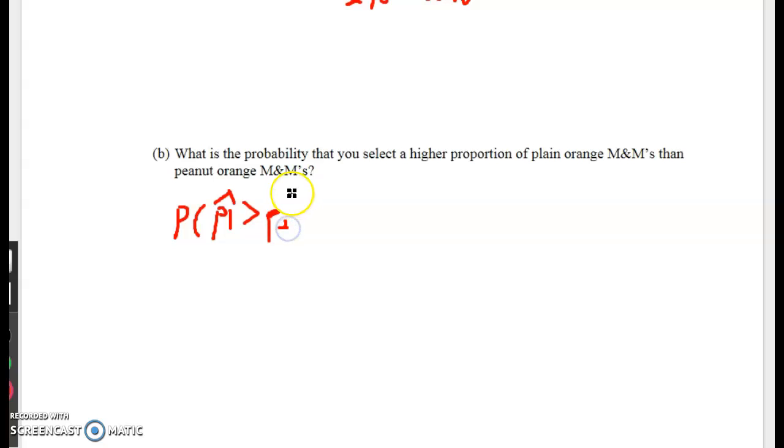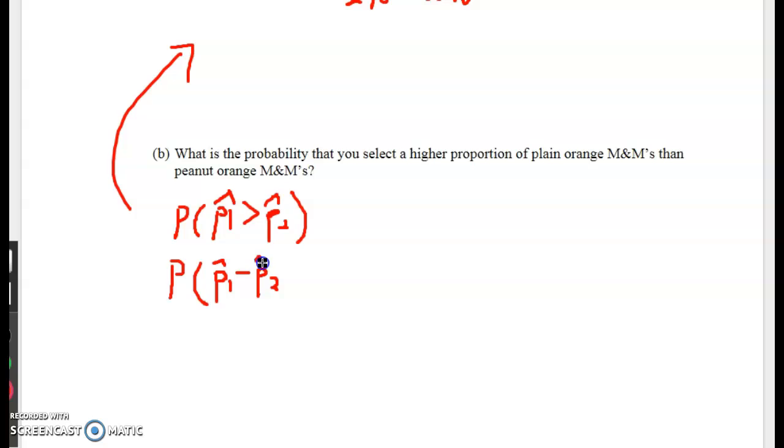We can't find that directly, but we can find the probability of P1 hat minus P2 hat being bigger than 0, by subtracting P2 hat to the other side.